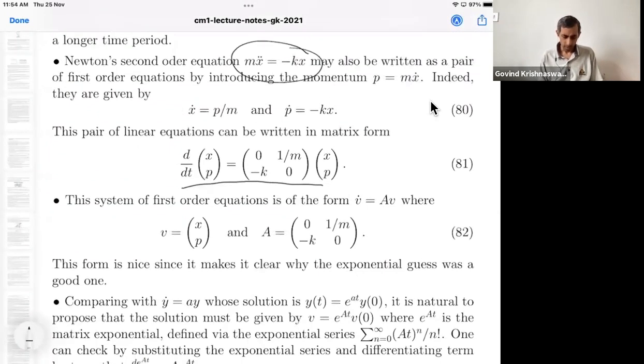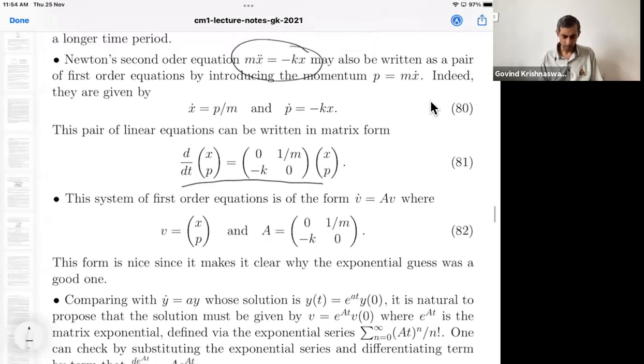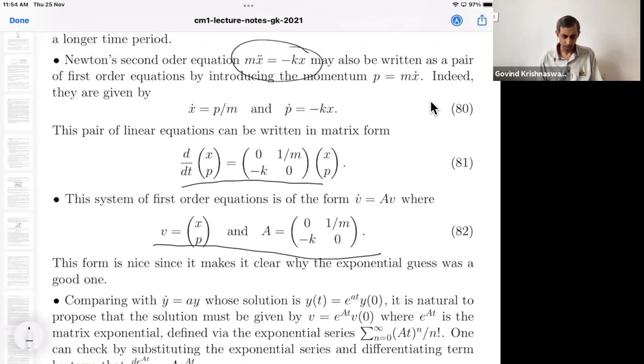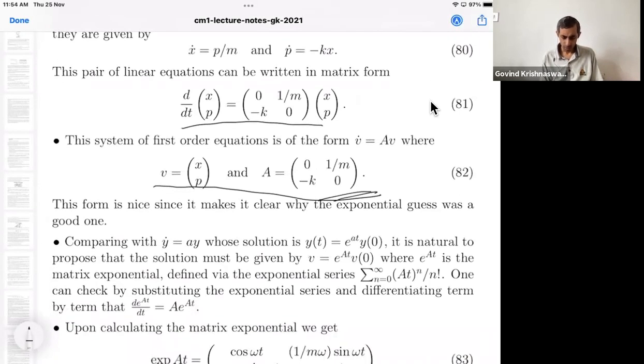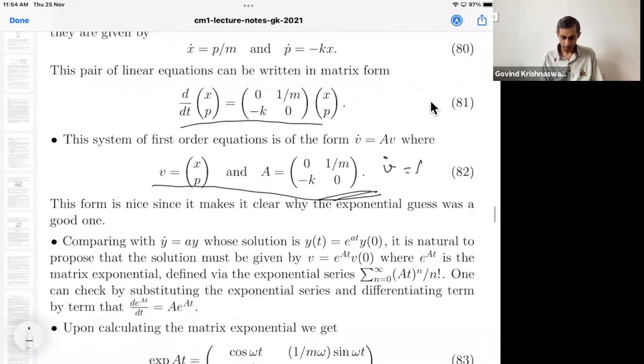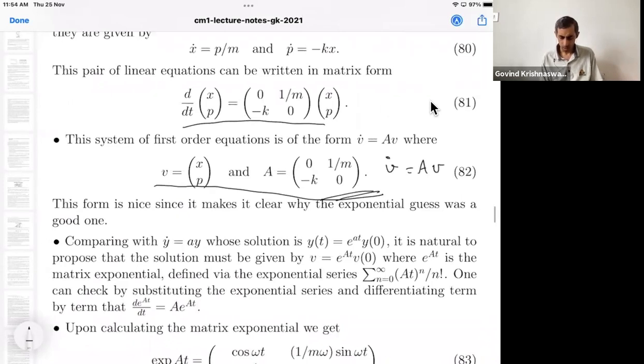Now we recognize that this pair of equations can be written in matrix form if we define the column vector V as (x, p) and A as this 2 by 2 matrix. Now we draw an analogy. Our aim finally is to solve the equation V dot equals AV, subject to some initial condition, V at t equal to 0 is some V naught. Is it okay so far?